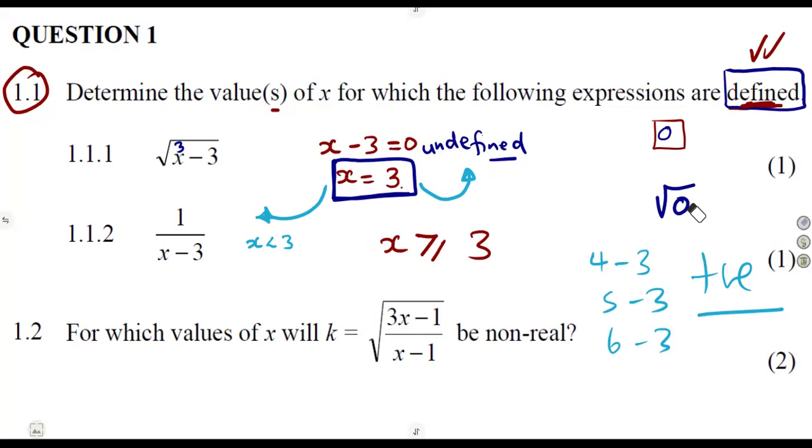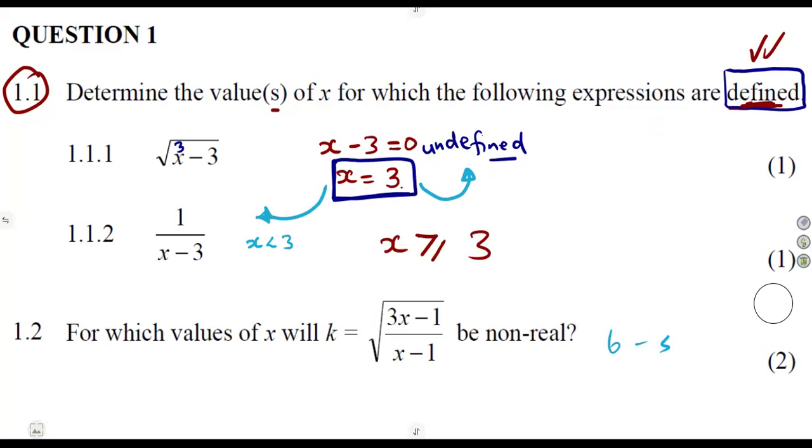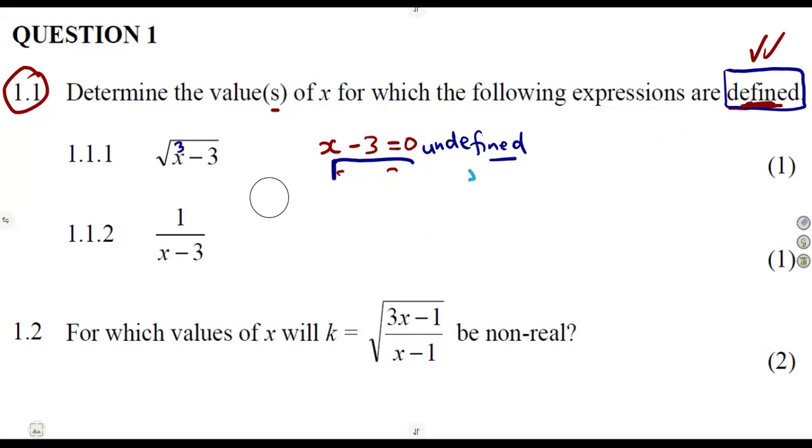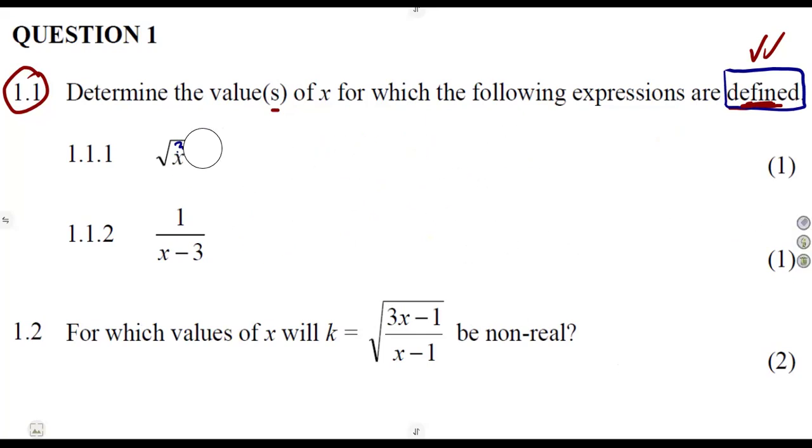So this is how you can answer the question for those who want to understand it. But in an exam condition, how do you answer this question in a shorter way? You know that the square root, when it is negative, is undefined.